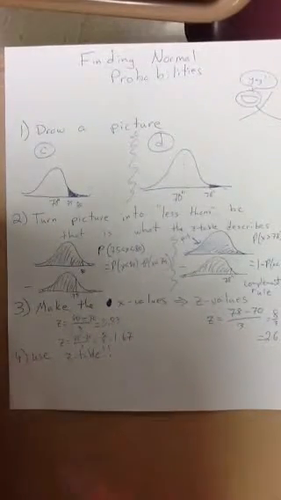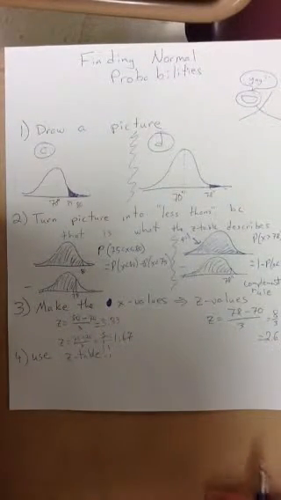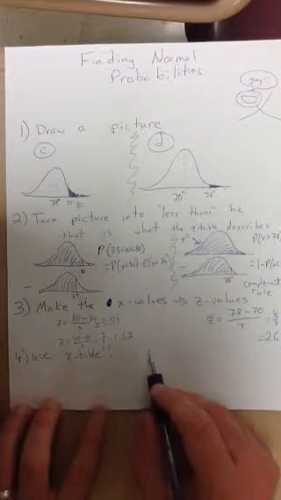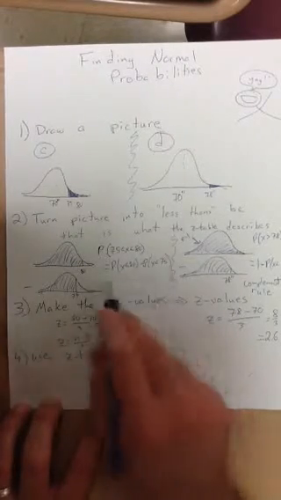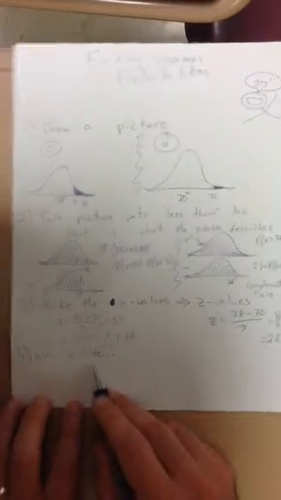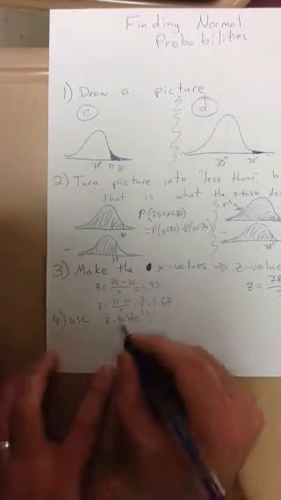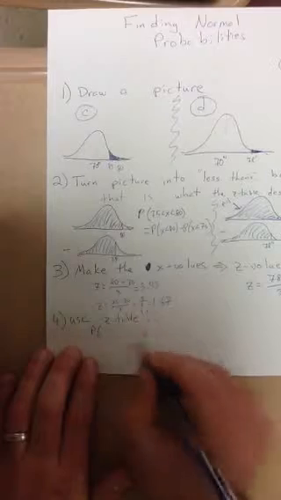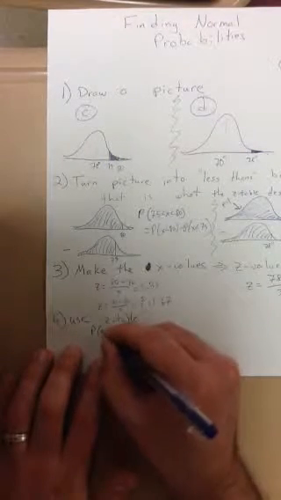So, almost done, ladies and gentlemen. What we're going to do is take these probabilities and rewrite them as z values and then use the z table. So, here's how the work should look. First of all, we write the first probability statement.